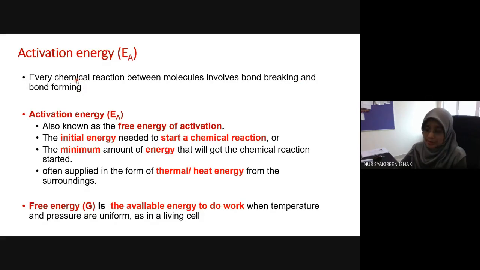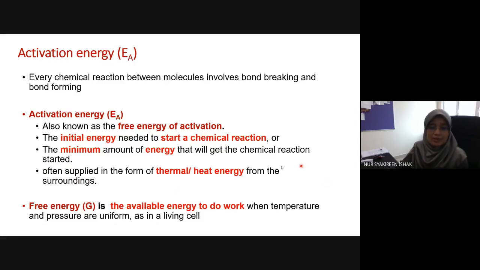So in order to break bonds and to form new bonds, the chemical reaction will have its own activation energy. It is the initial energy needed to start a chemical reaction, or the minimum amount of energy to start the chemical reaction. Often it is supplied in the form of thermal or heat energy from the surrounding.